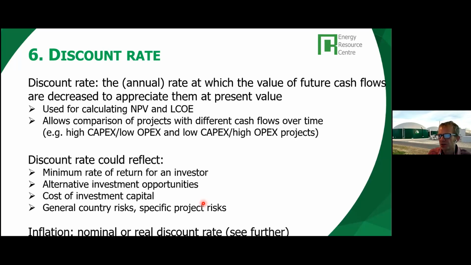Discount rate is of course the rate which we use to discount, so to decrease the value of future cash flows, future cash sums generated by a project, in order to value them at, let's say, today's value, present value.